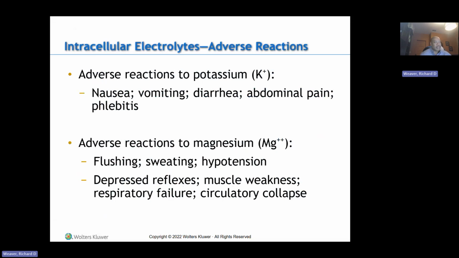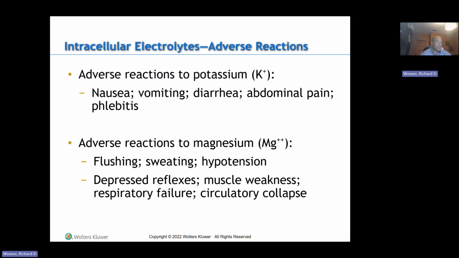Your loop diuretics and the thiazide diuretics, you tend to excrete a lot of your potassium. But with these potassium sparing diuretics, they spare loss of potassium. So you don't want to administer potassium when somebody's already on a potassium sparing diuretic, because that would only increase their potassium levels.